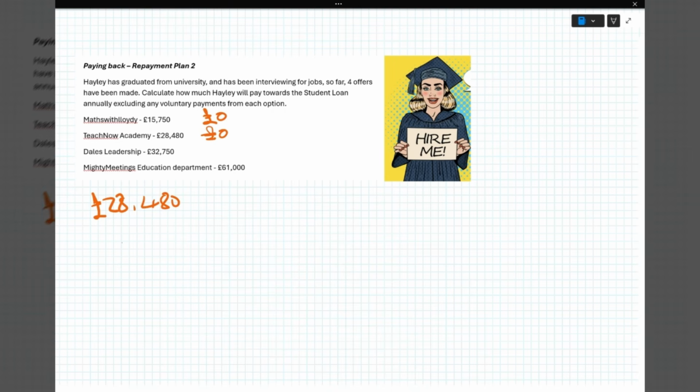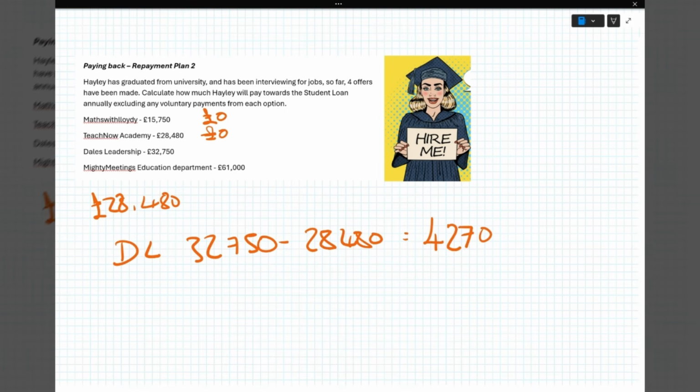For the second one, Dale's Leadership, we are subtracting the 28,480 from the 32,750, which is 4,270, and then we're multiplying that by 0.09, which is giving us £384.30. That's how much is going to be repaid there.